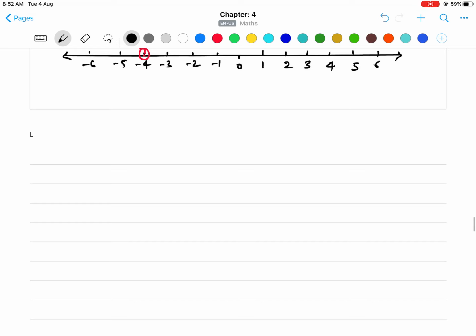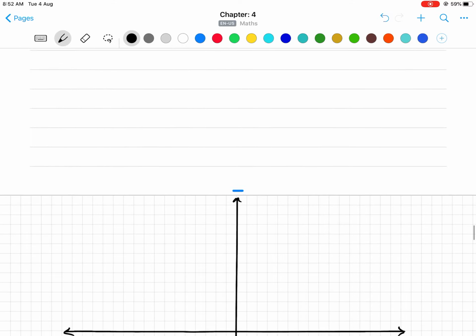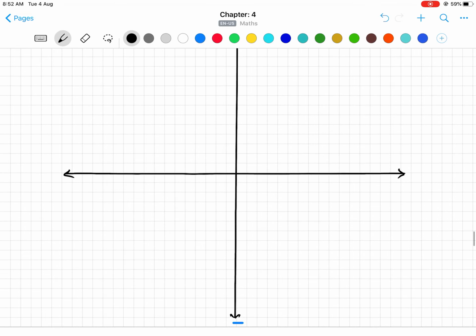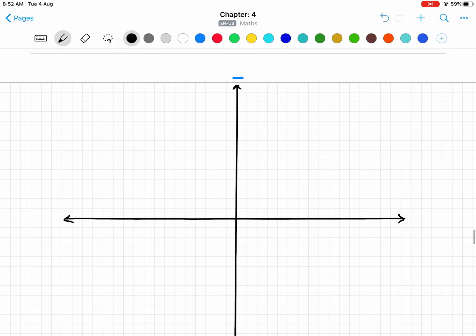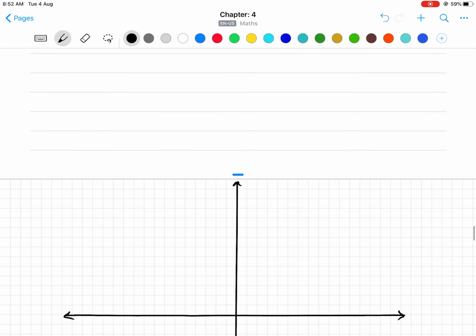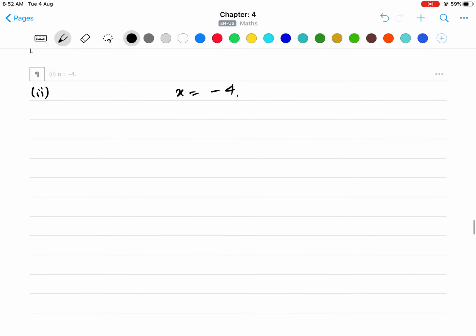So the equation that we have here is x equals to minus 4, but in order to represent this on the graph paper, on the Cartesian plane, we need the value for x and the y coordinate, but we don't have a y coordinate here.